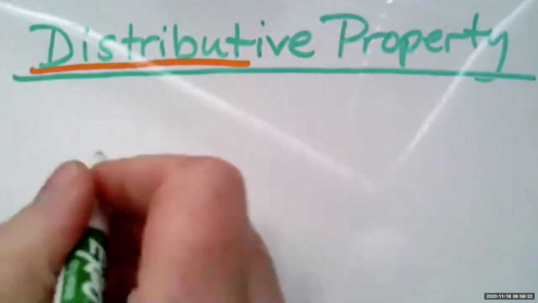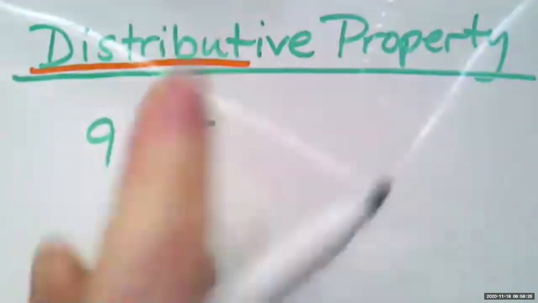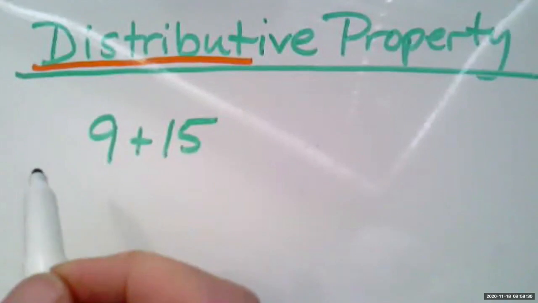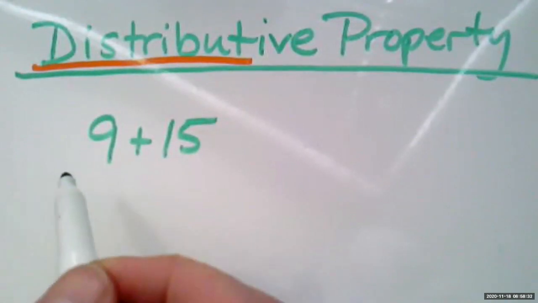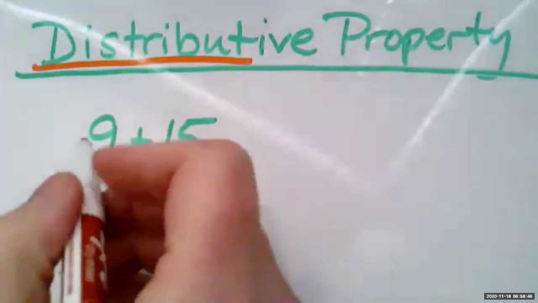So for today, distributive property, if I were to show you a problem such as 9 plus 15, I'm going to use a factor. I'm using all this vocabulary that you should have studied over the last 2 weeks. I'm going to take the factors and I'm going to distribute them. All right, and what that means is it looks like this.